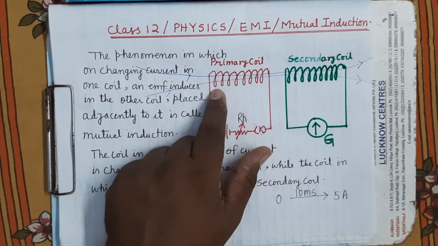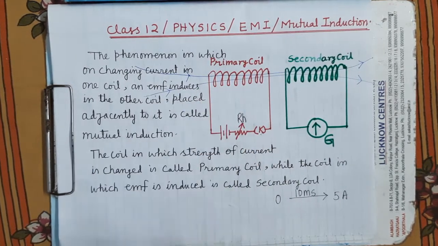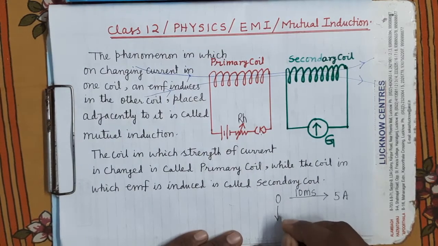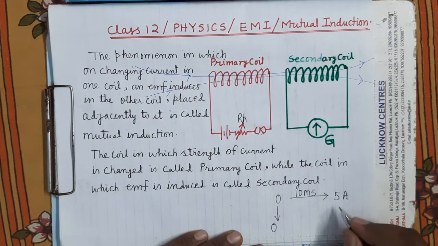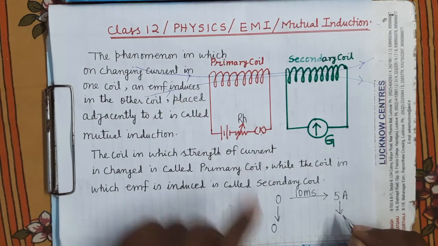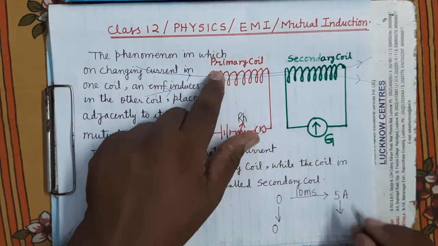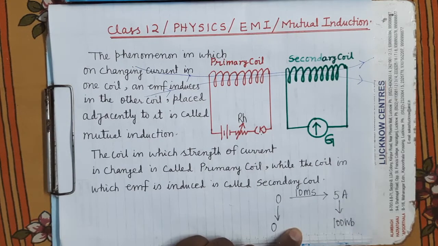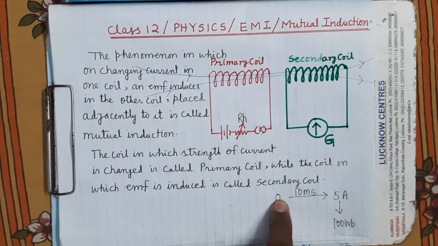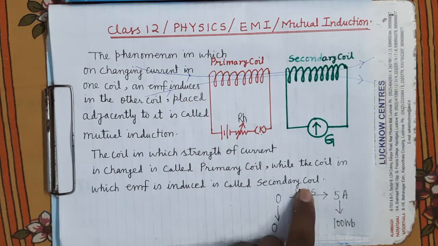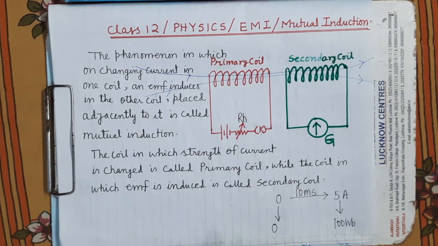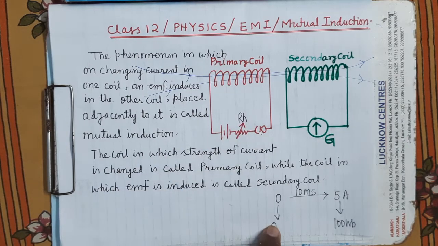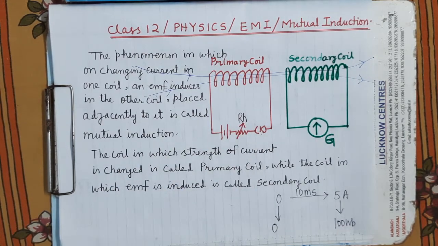When there was no current, the flux was 0. When the current is 5 ampere, suppose the magnetic flux produced is 100 Weber. So when the current changes from 0 to 5 ampere in 10 millisecond, the magnetic flux it produces changes from 0 to 100 Weber.